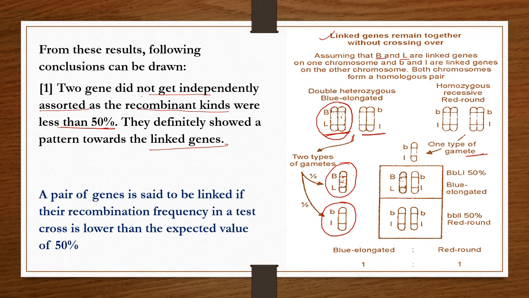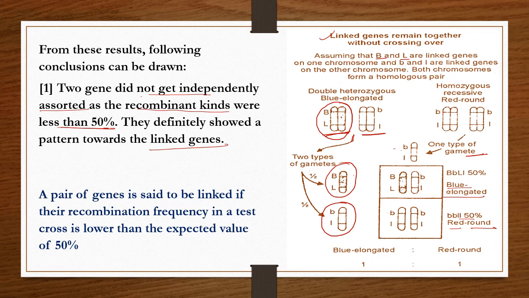Then when fusion takes place, 50% are blue with elongated pollen grains and 50% are red flowers with round pollen grains, a ratio of 1 to 1.